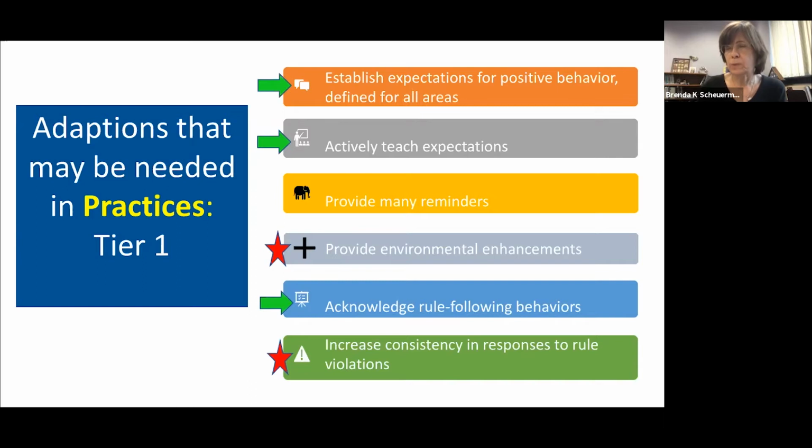Juvenile justice programs in particular, but to a certain extent all alternative programs, especially those that are focused on disciplinary purposes, often need what I call environmental enhancements. These are often somewhat environmentally barren environments where there's not much to do. There's not many things on the walls, sometimes for security reasons.